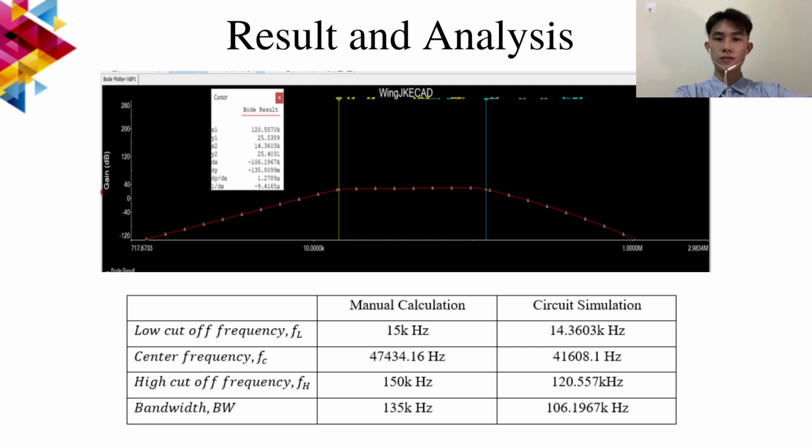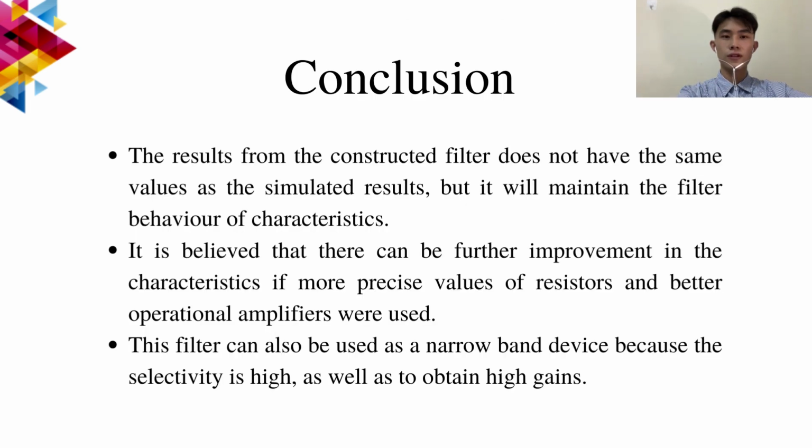This has proved that each value of the parameters between the simulated value and the theory value, which is the manual calculation, will have slight differences. Although there are some differences in value, it is acceptable because the theory value only exists in the ideal 6th-order band-pass filter. From this project, we can conclude that the result from the constructed filter doesn't have the same value as the simulated results, but it will maintain the filter's behavior and characteristics.